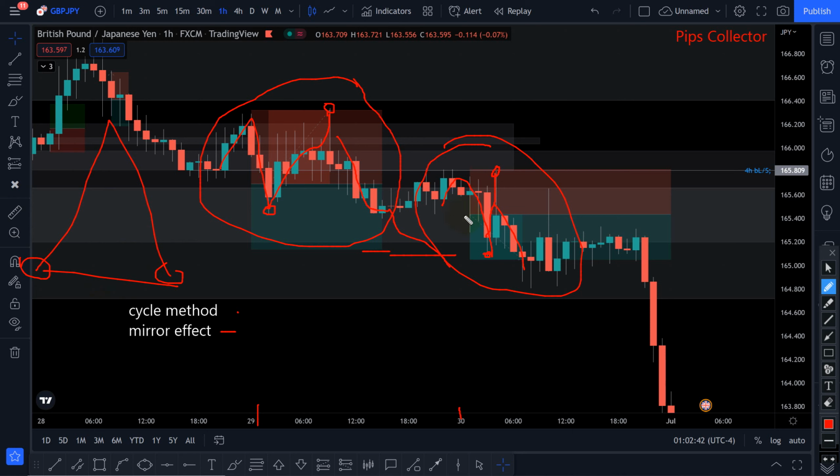For the mirror effect, this is it. Price retraced, and let's assume that I could copy this and this out, what you will see is this. It did not hit our TP, went up. This one, it did not hit our TP, went up.